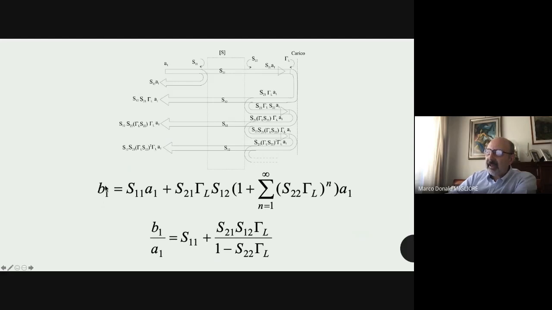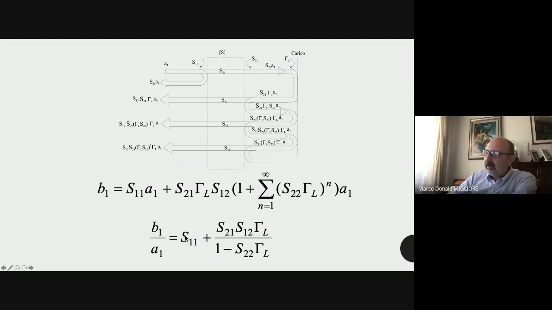So what I really receive with the VNA is this series. That can be, of course, closed, and this means that the ratio between what I receive and the incident signal, and this is a reflection coefficient at the true measurement section of the VNA, is not gamma L, but is this much more complex quantity.